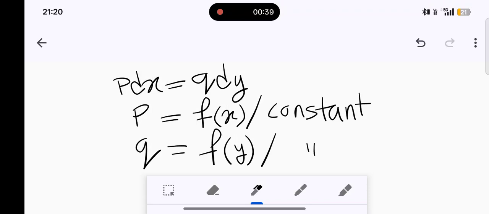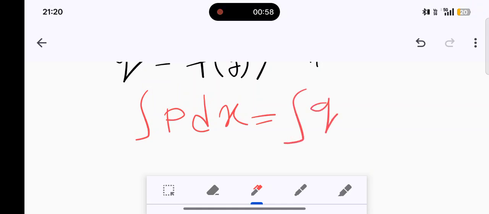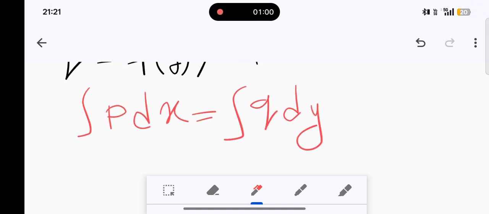This is the form of variable separable. In that case, you just have to do a simple thing: integrate both sides. Something like, not px actually, this is p dx equals q dy plus c.